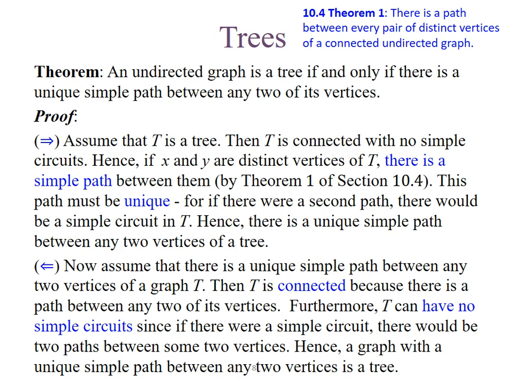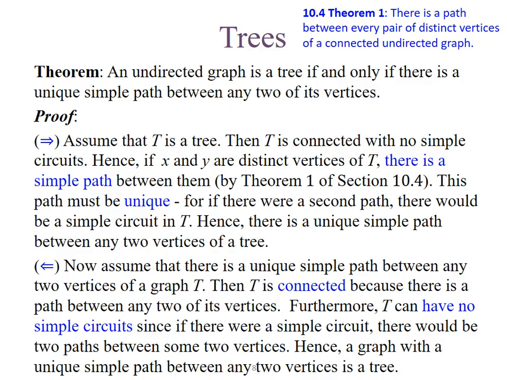There is a path between every pair of distinct vertices of a connected undirected graph. This is very intuitive, right? Because given a connected undirected graph, you can discover a path between every pair of vertices. If it is a tree, it is a connected graph, so by Theorem 10.4, we can discover a path between every pair.